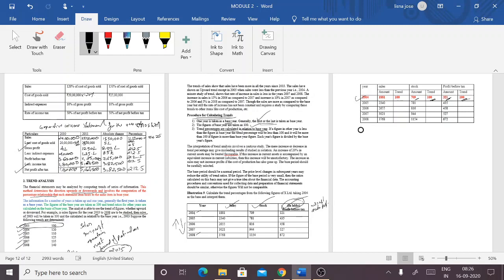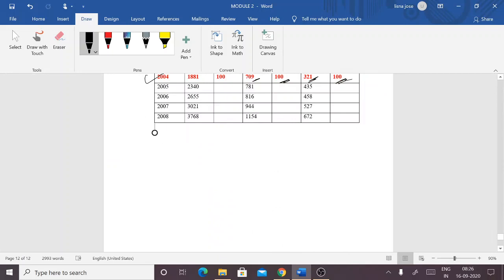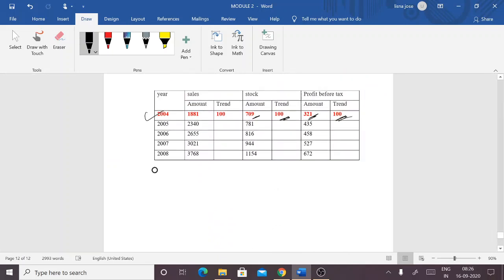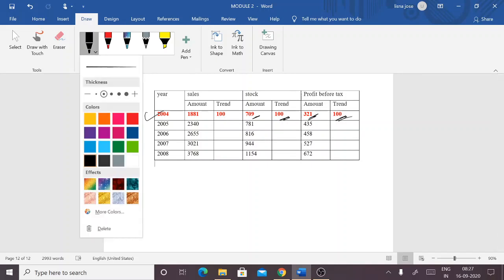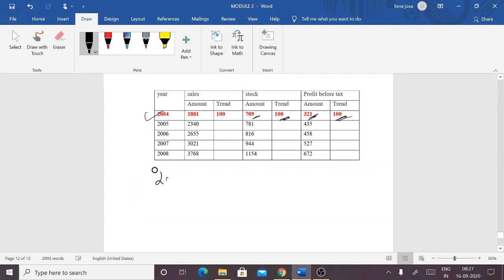Based on this we are going to calculate the trend for the coming years. Then for 2005, how can you calculate the sales trend?